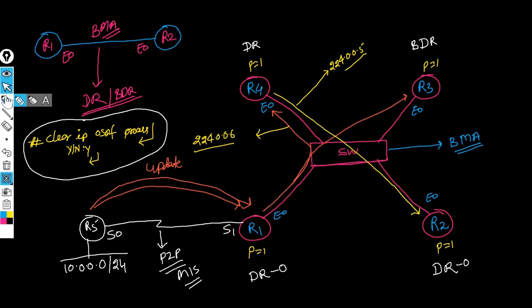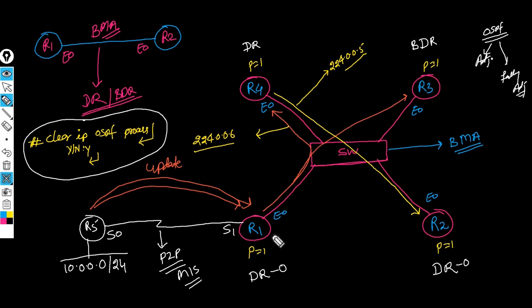Now, one more thing. If you remember, we discussed that in OSPF you have two different types of neighbor. One is just adjacent and another is fully adjacent. Adjacent in the sense they are just neighbors, but they will not exchange updates. Fully adjacent in the sense they are neighbors and they will exchange updates also.